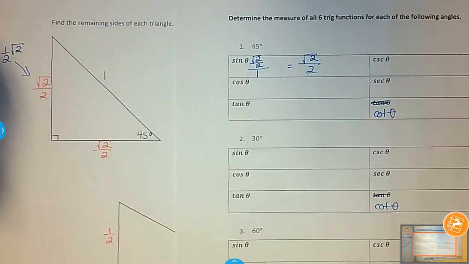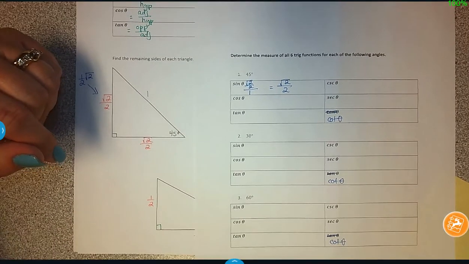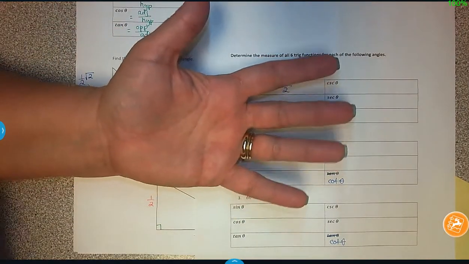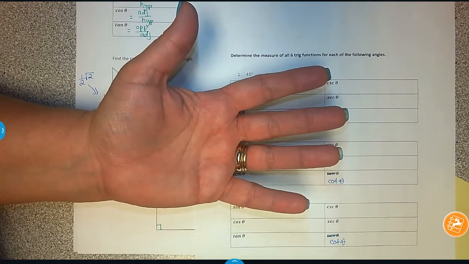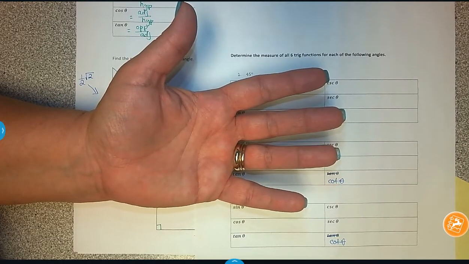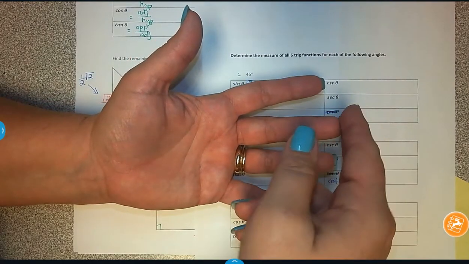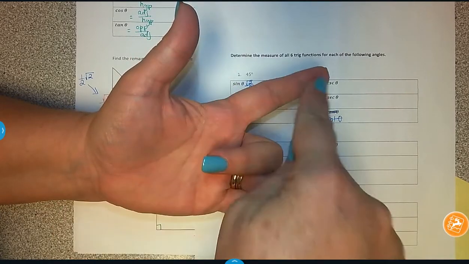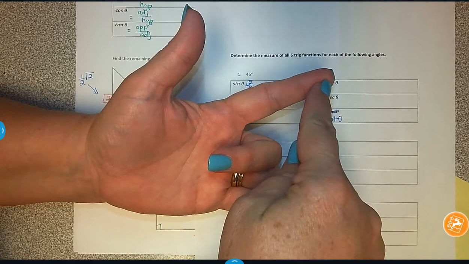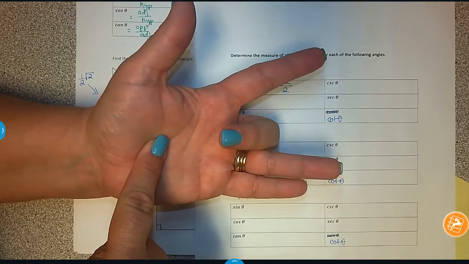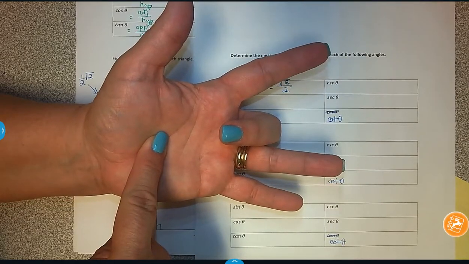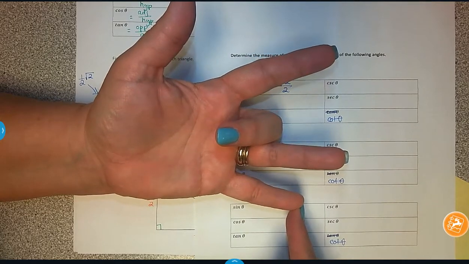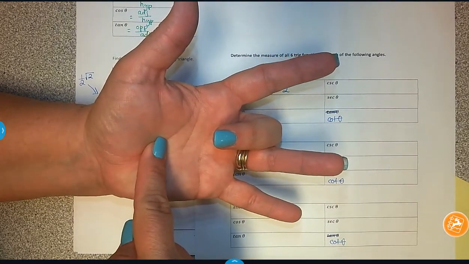So before we go on to the cosine and tangent, let's take a look at the stuff we did on our hand the other day, on your left hand. Which finger was 45 degrees? The middle one. So if I fold this here, I have 2 fingers above. That is the square root of 2 over the imaginary 2 that's in my palm, and I have a square root of 2 here over the imaginary 2 in my palm.